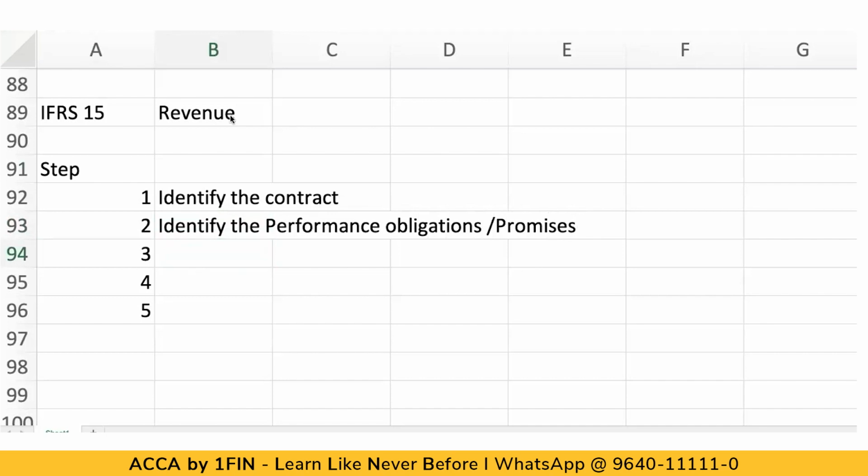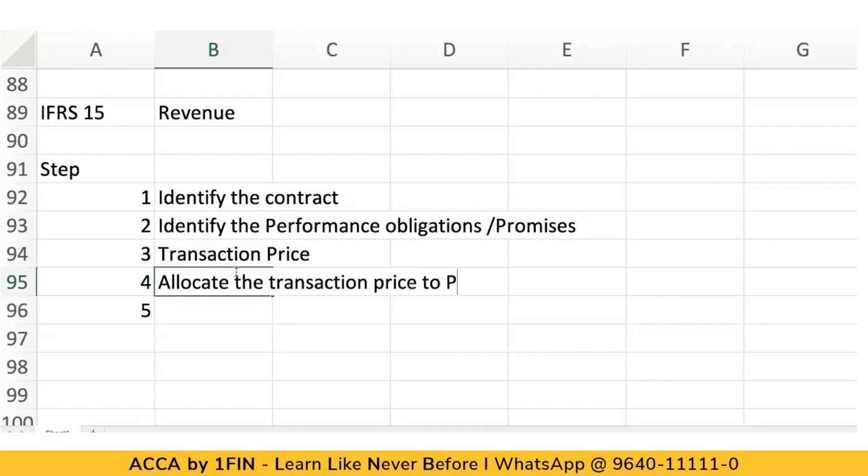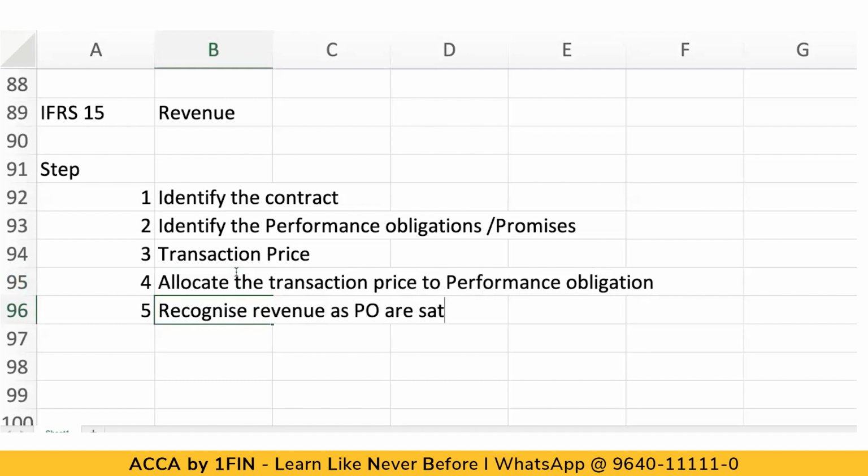Second one, identify the performance obligations. Then the transaction price. Transaction price means the price that has been agreed between the supplier and the customer, which has to be determined. Then allocate the transaction price to the performance obligations, and the last step is to recognize revenue as performance obligations are satisfied.